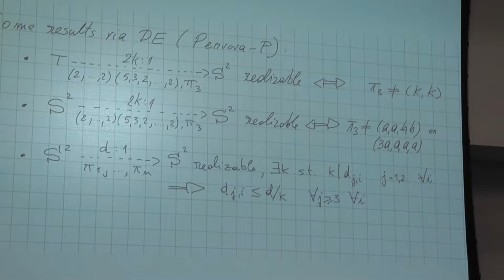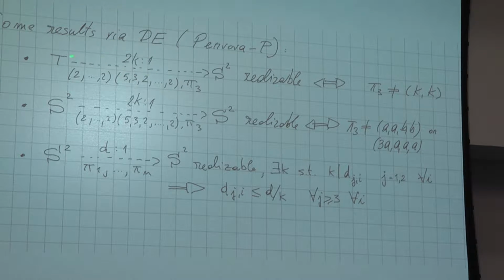Now, using this technique of dessins d'enfants with Katia Pervova some years ago, we have faced some cases. And so these are some examples of things we have proved. We concentrated on cases where the dessin you can figure out quite easily what it is, but still you get interesting exceptions that were not known before.